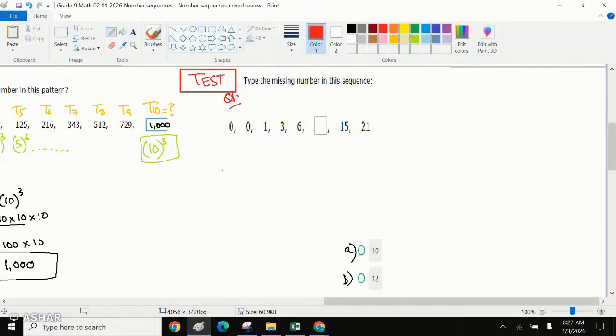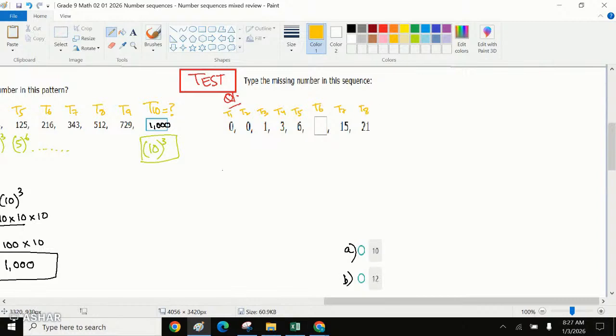We did a similar question previously. What we can say is we need to look at a pattern. Let's suppose this was term number 1, term number 2, term number 3, term 4, term 5, term 6, term 7, and term 8, right?